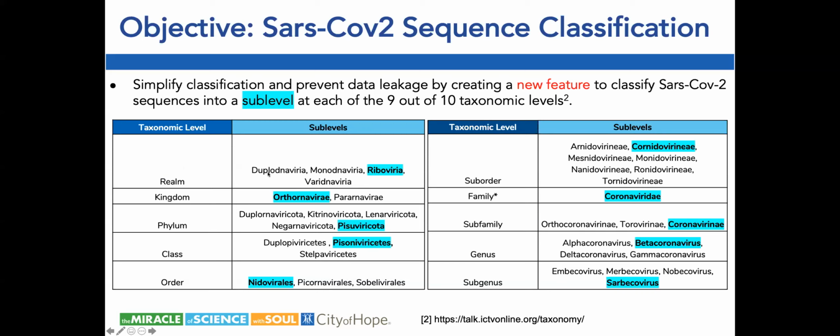So we can see here it should be Riboviria, and then at the lower end, let's say with subgenus, it should be Sarbecovirus, and then at the genus level, it should be Betacoronavirus. And so essentially what we want to do is create a classification problem where, given just the genetic sequence of our viruses, can we predict the proper sublevel at each of these taxonomic levels?